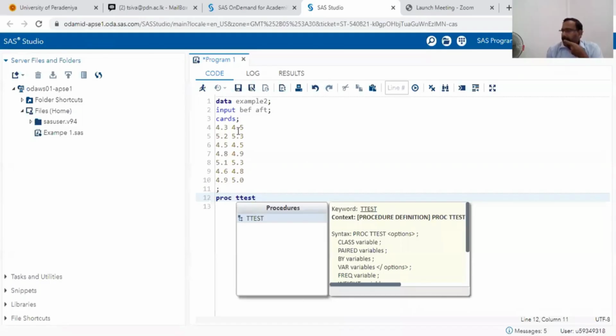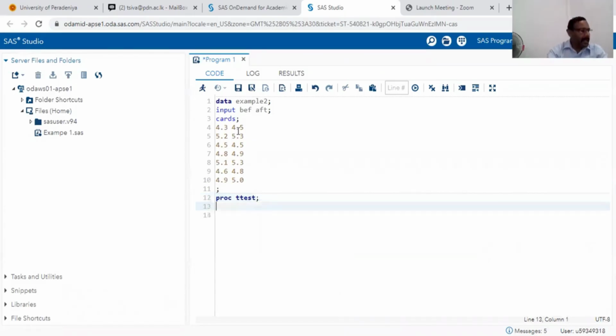We said there's no analysis procedure available for dependent samples. So what did we do? We made it into an independent sample, right? We took the difference. Can you remember the difference? So we can do it in that way.